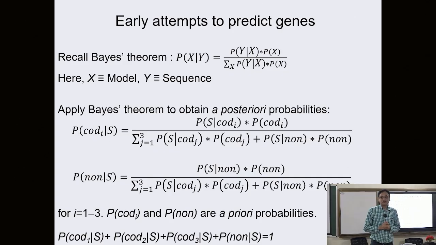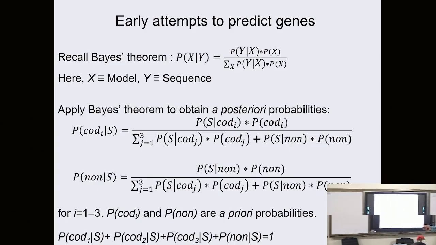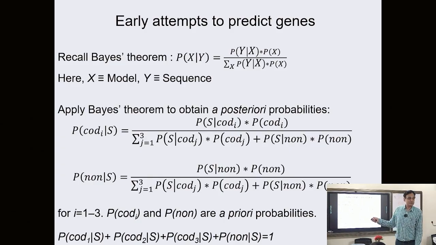The probability before seeing the evidence is called prior probability, P(X). Y is the evidence, Y is the sequence given to you.